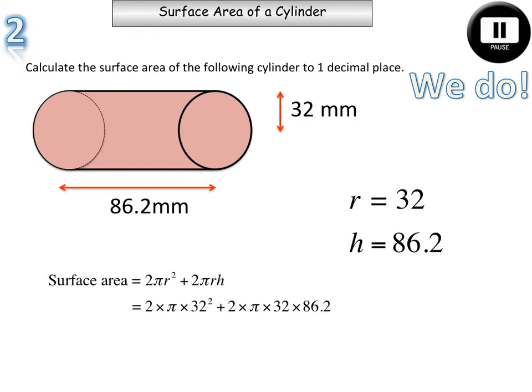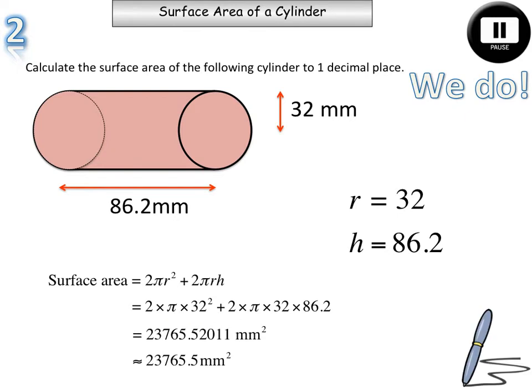The basic substitution, 2 pi times radius squared, and 2 pi times r times h. Nice answer in terms of pi, so we'll just use our calculator display, and then we have our rounded answer.